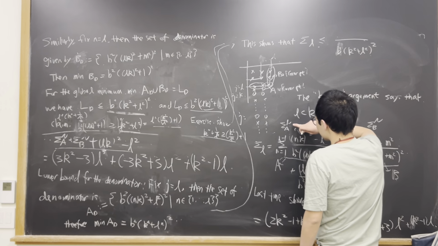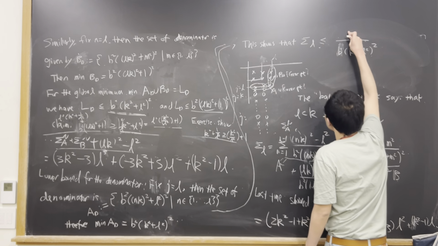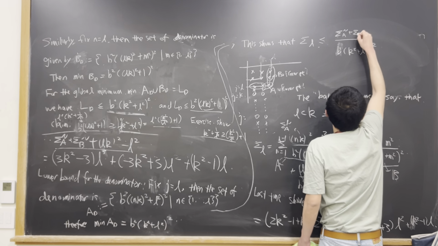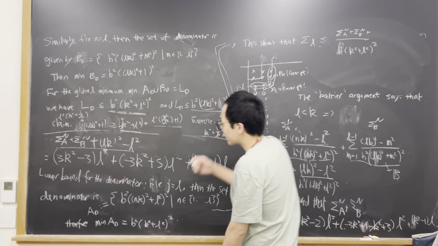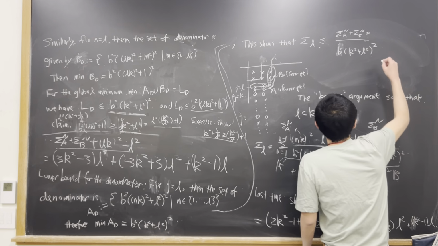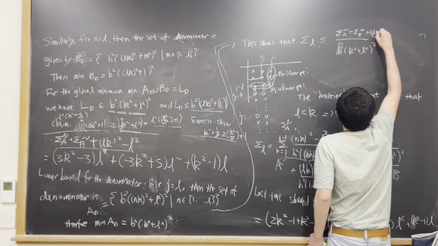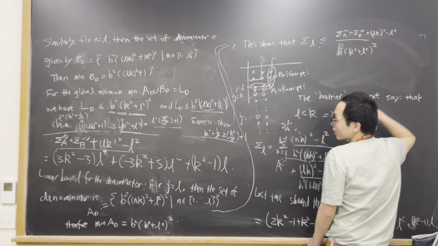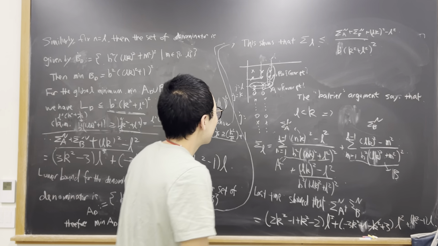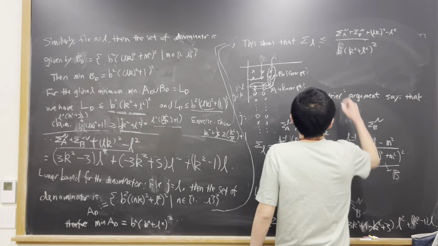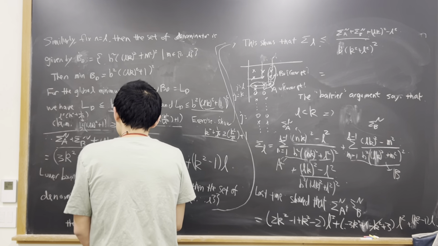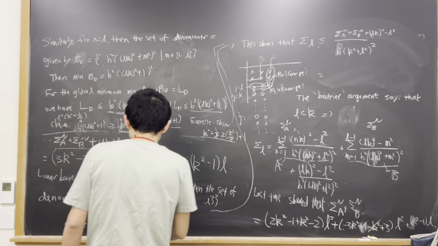I know that I sum over the numerator. The numerator is keeping the same, plus this point here, LK squared minus L squared. So which is equal to this guy, right?